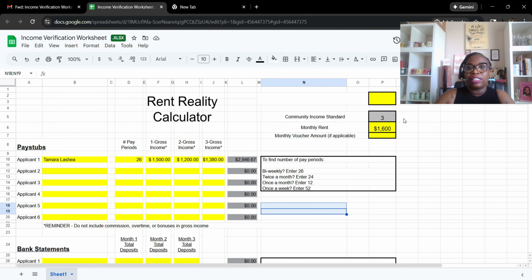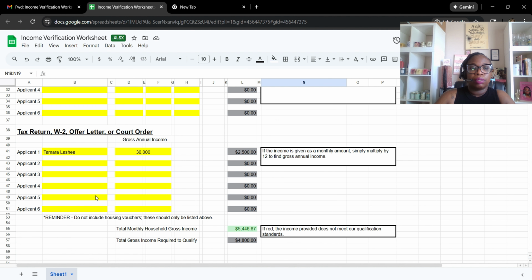The community standard is 3 times the rent. Here at the bottom would be the husband. Let's give him a solid 50K, $50,000. Look at the spreadsheet.